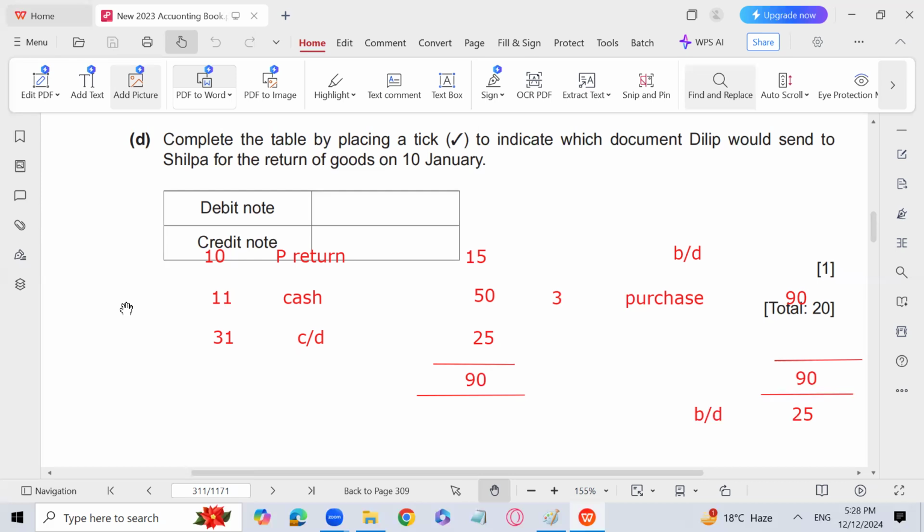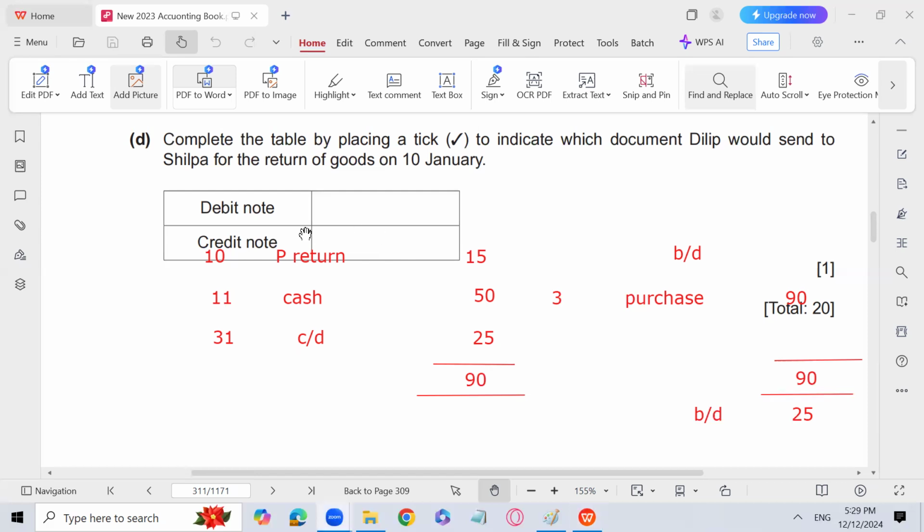So it means that we have purchased the goods, we are returning the goods, but he is getting the goods back. For him, it is going to be sales return, and for sales return, we'll go for the credit note. So the document Dilip would send is going to be credit note, not the debit note.